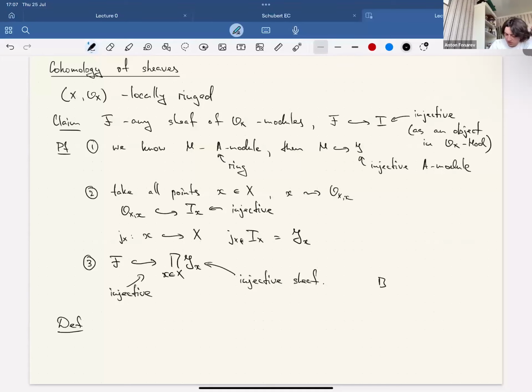The cohomology of the sheaf F on X is defined by first taking an injective resolution.